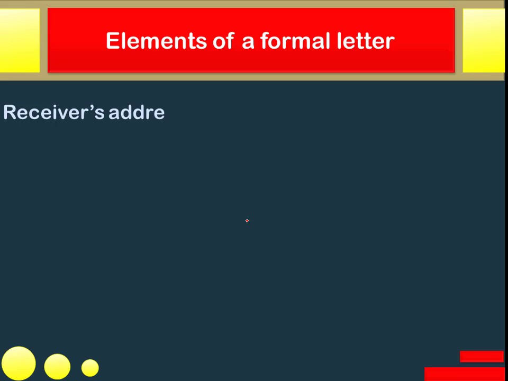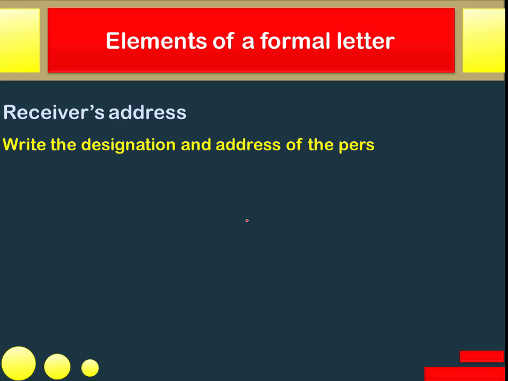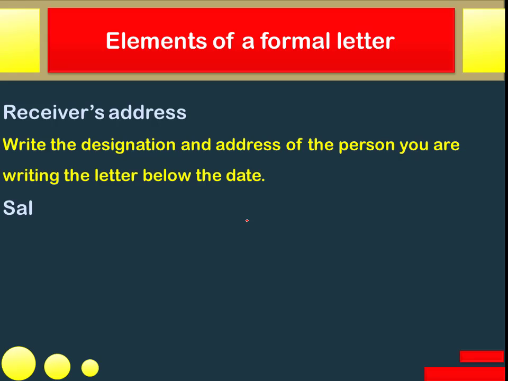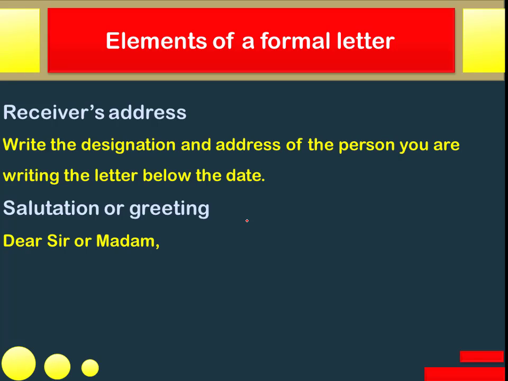Next, the receiver's address. Write the designation and address of the person you are writing the letter to below the date, and then it will be followed by the salutation or greeting.